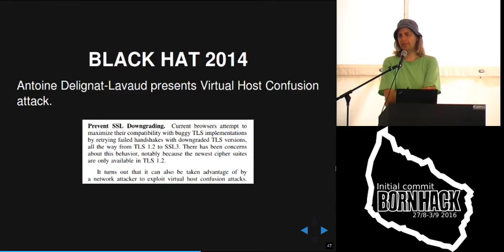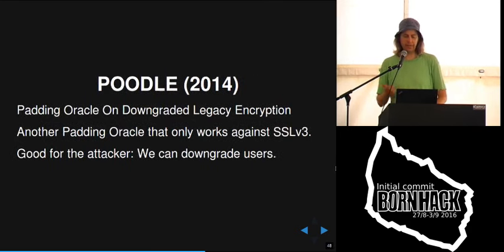An attacker can just trigger these fallbacks: if you block a connection with TLS 1.2, then the browser will fall back, and if you keep blocking connections until it's an SSL version 3 connection, you can force the browser to use this older version. Later that year, the Poodle attack came, and this really made this a big issue, because it was an attack against SSL version 3, which nobody was supposed to use anymore. But using these downgrade attacks, you could force people into using this old protocol.